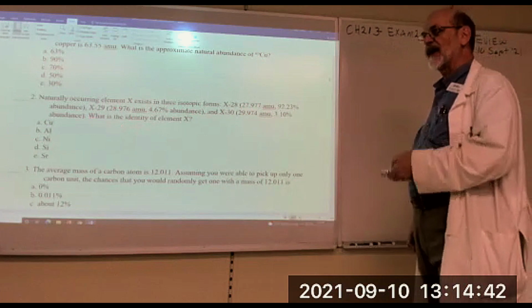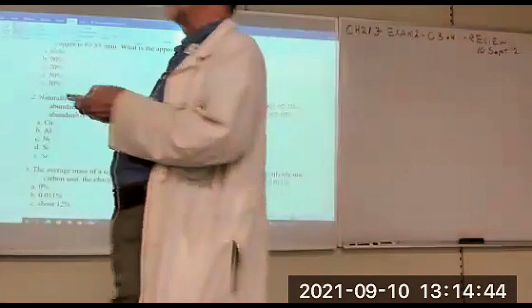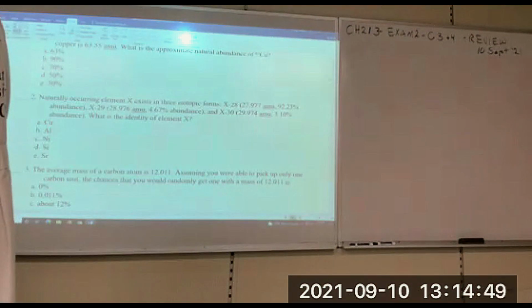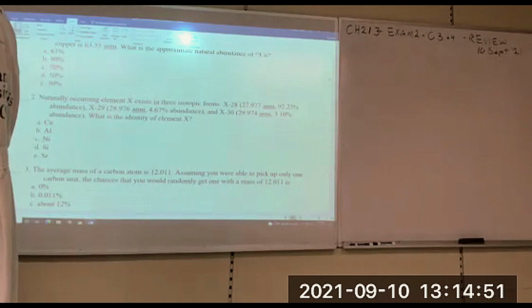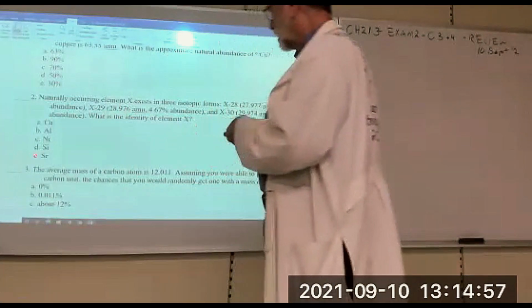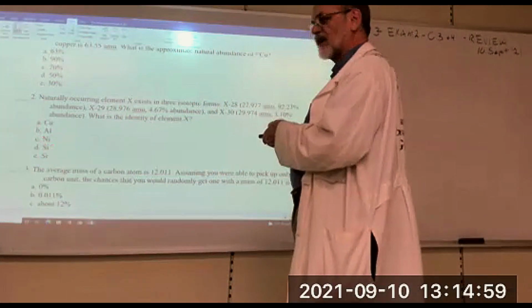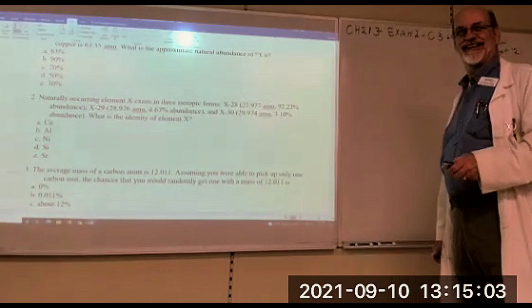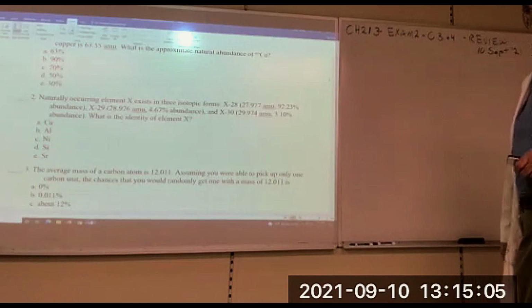So which one of these has a mass of 29? Let's see. No. Okay, we're getting warm. It's either silicon or phosphorus. And since the phosphorus is not there, it's got to be silicon. Right? Test taking technique. Get it done quick and move on.